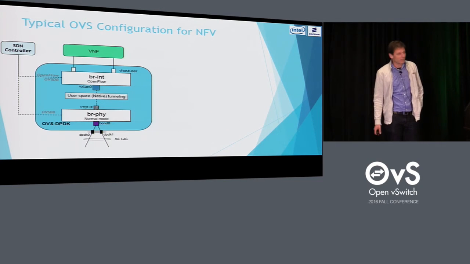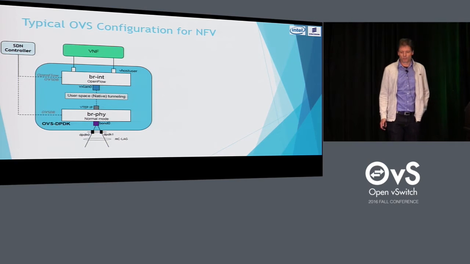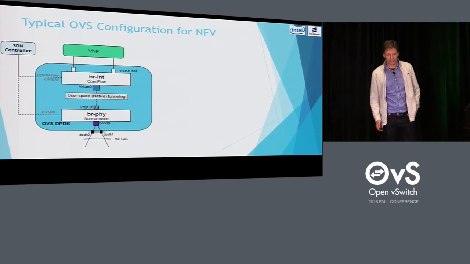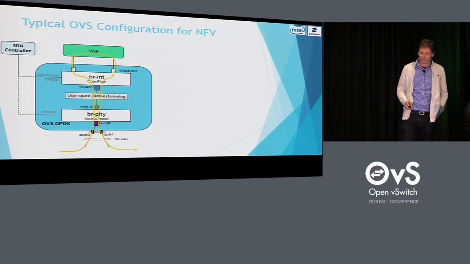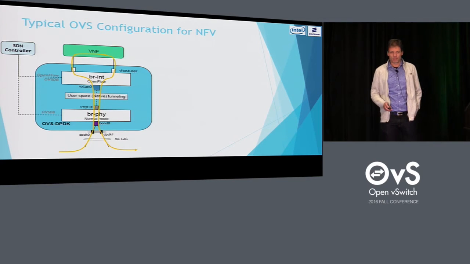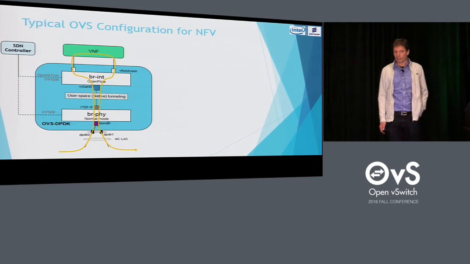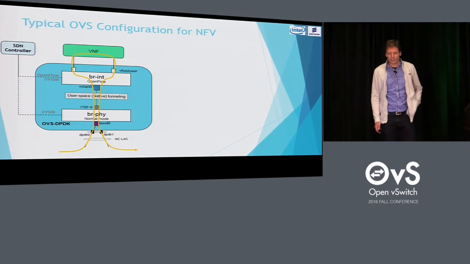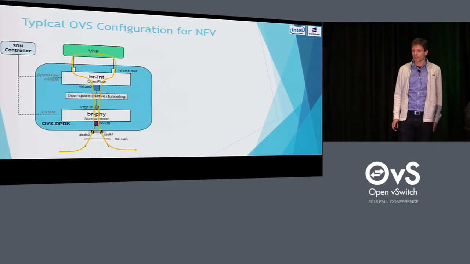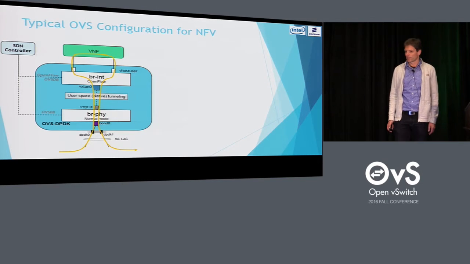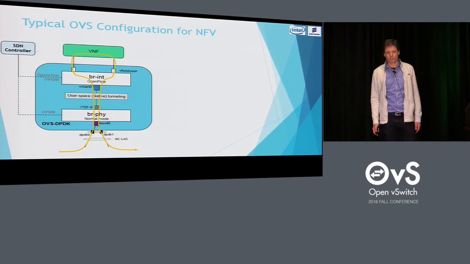Let's have a look at a typical configuration for network function virtualization. Same compute node, but now traffic is coming from physical interfaces going to a virtual network function running in a VM connected through vHost user ports. But that's not all. In addition, traffic is typically encapsulated on the physical interfaces for network virtualization purposes, VXLAN, Geneve, you name it.